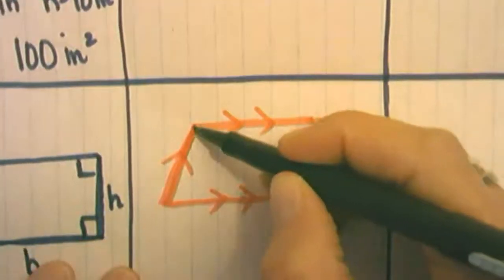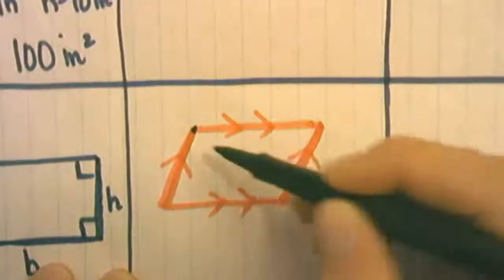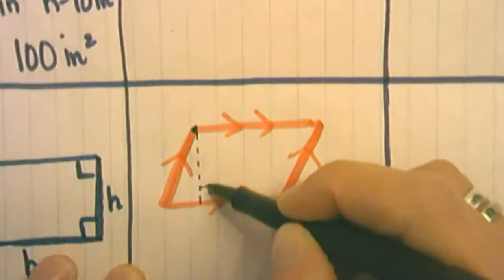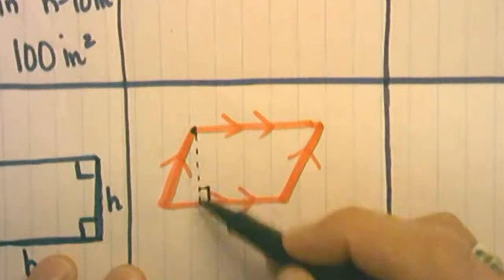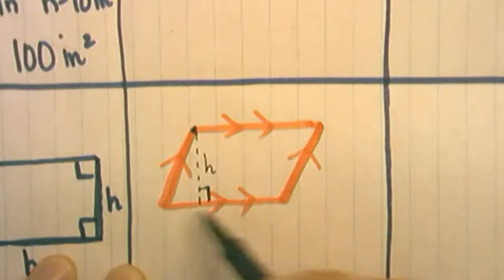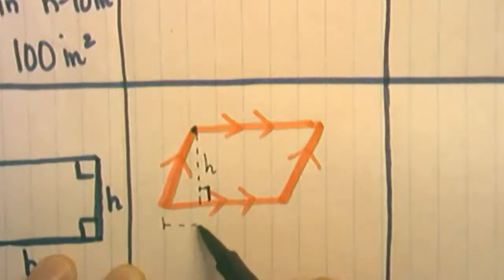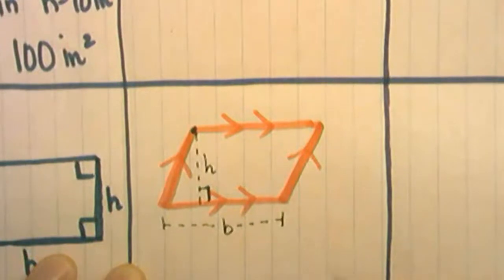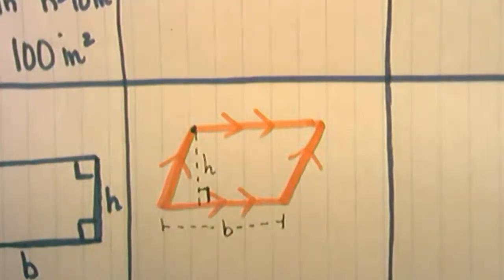And if you pick a vertex and draw a line perpendicular to the opposite side, the line you just drew is the height or the altitude. I'm going to call this side the base because that's what I just drew my altitude to.